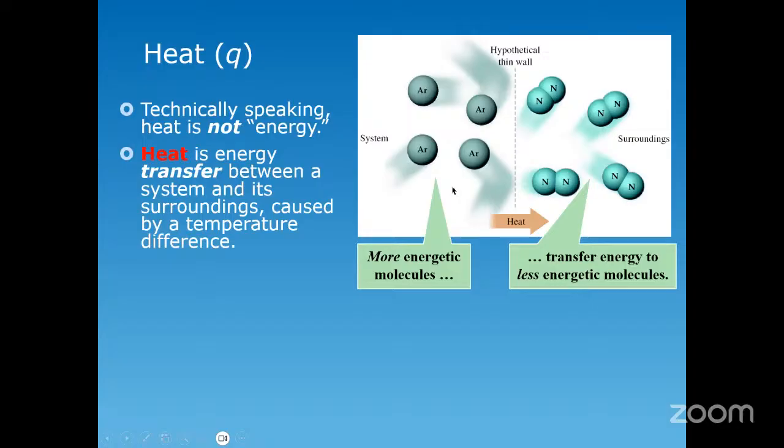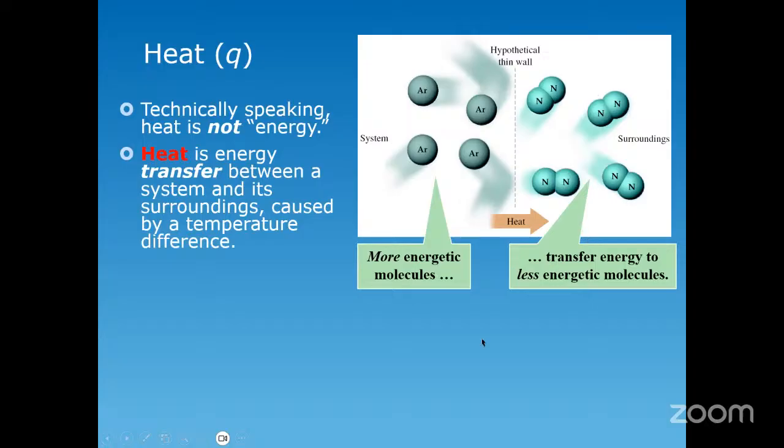On one side of it, you have argon gas atoms, and the other side you have nitrogen molecules. And let's say that the argon atoms are more energetic, and they hit this wall, then what will happen is that you're going to have the energy transfer from over here to the molecules on this side, and that will be in the form of heat, right?